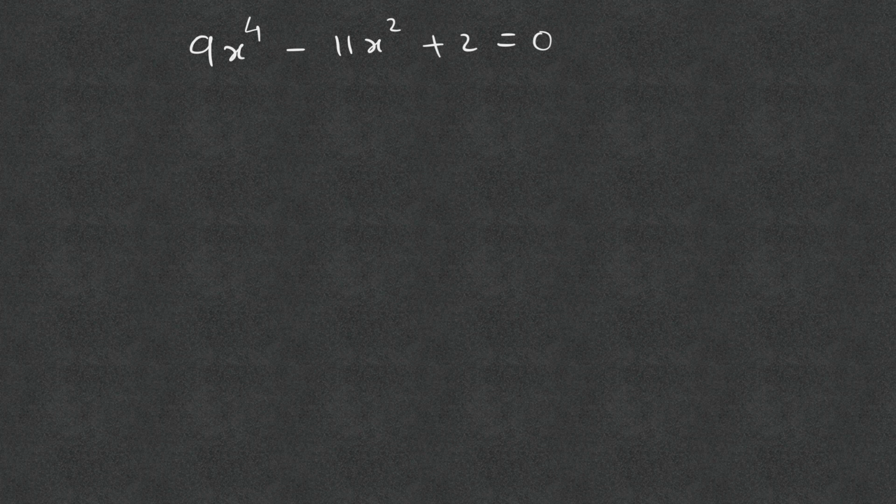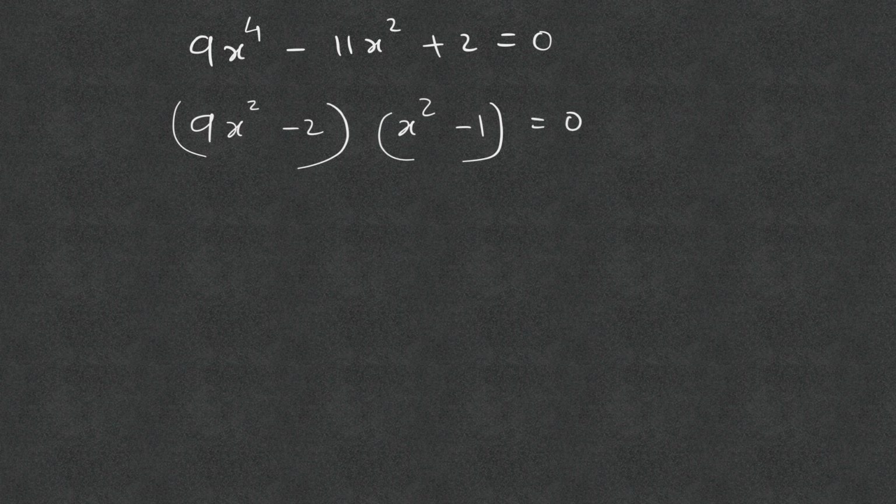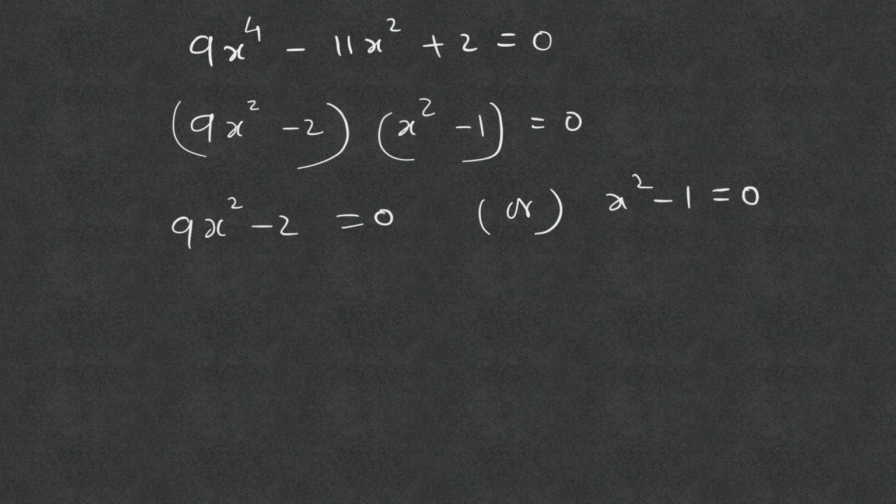So we can factor this as shown here: (9x squared minus 2) times (x squared minus 1) equals 0, which gives us 9x squared minus 2 equals 0 or x squared minus 1 equals 0.